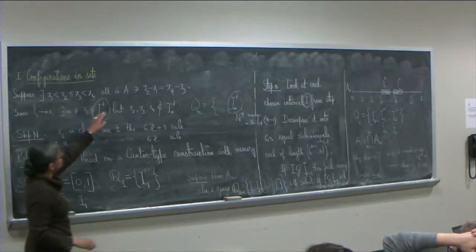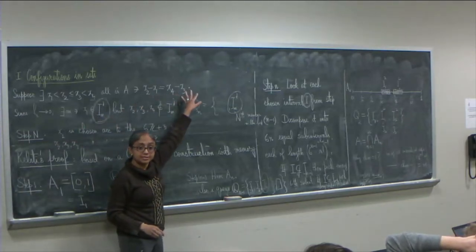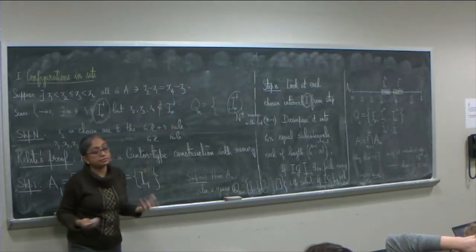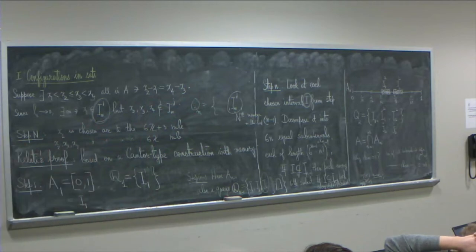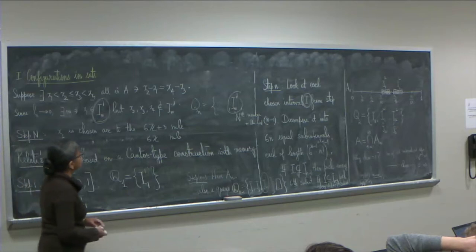Do you see? And now you realize why this can never be satisfied, because one side is of the form 6z and the other is of the form 6z plus 3, with plus or minus an allowable error.